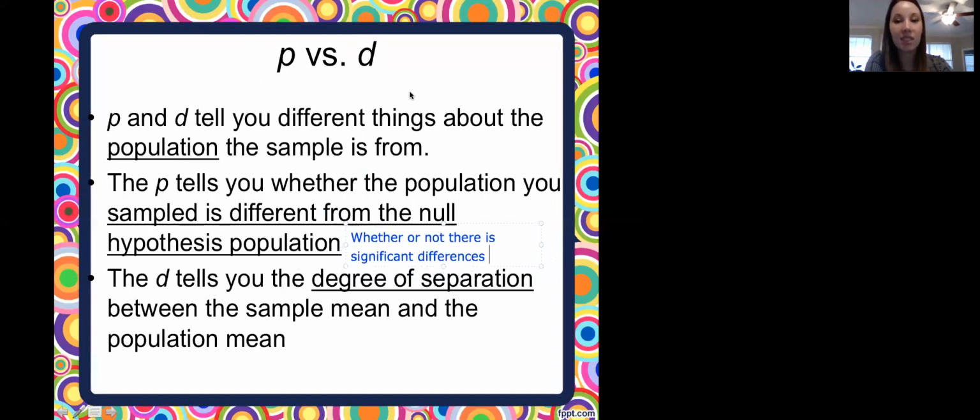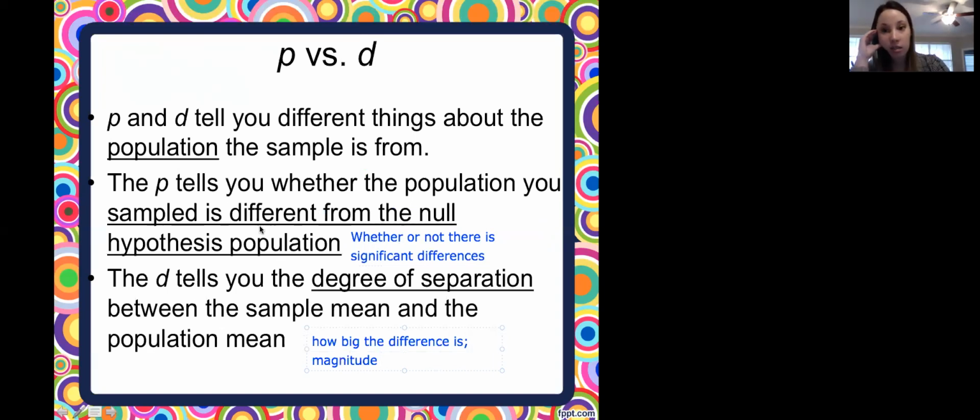D, on the other hand, tells us how big the difference is. It's talking about magnitude. So D tells you the degree of separation between the sample mean and the population. So how big the difference is between the sample and population. What is the degree of separation there?